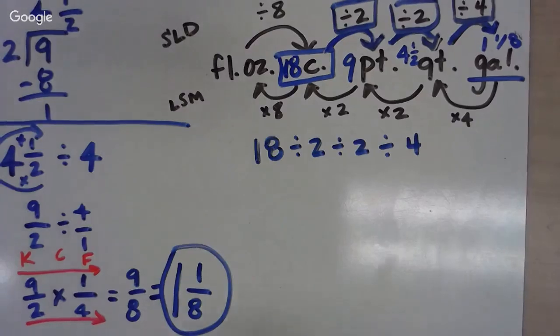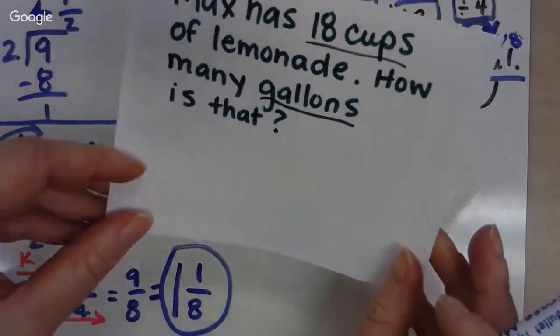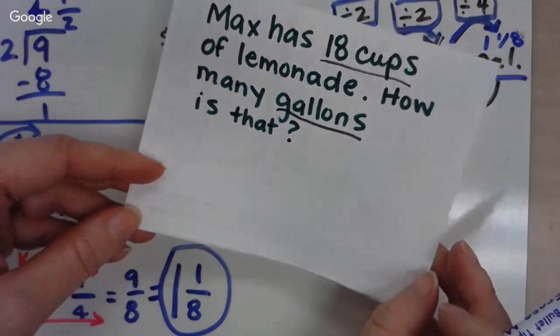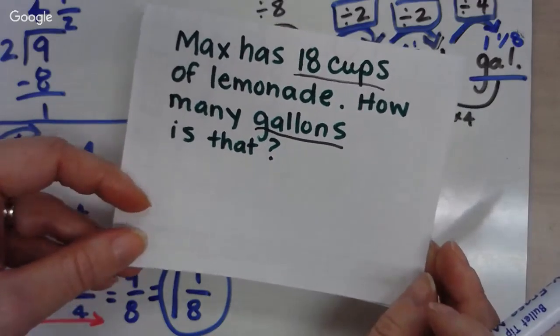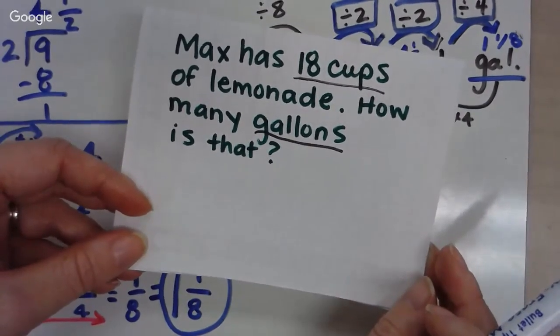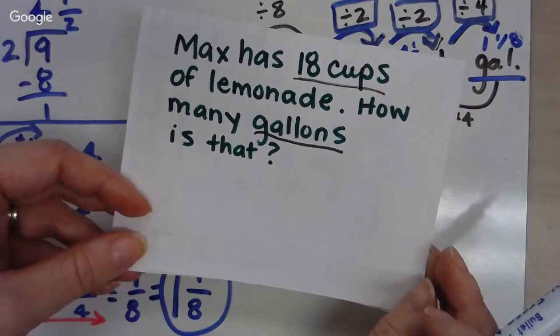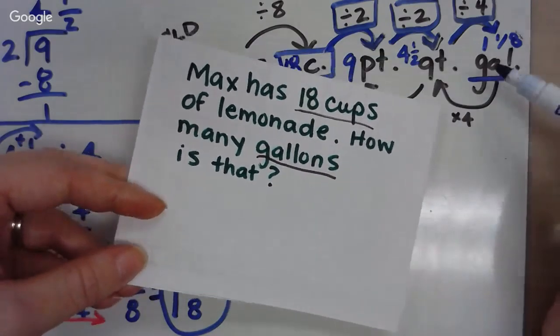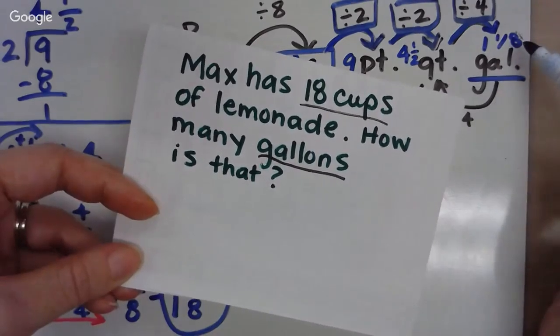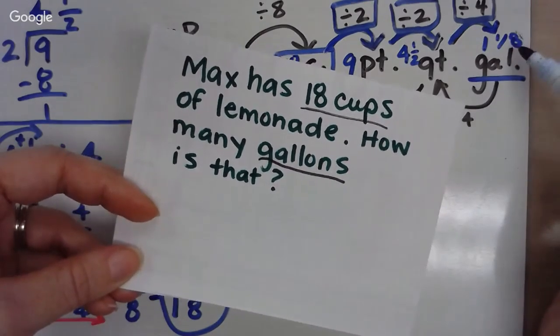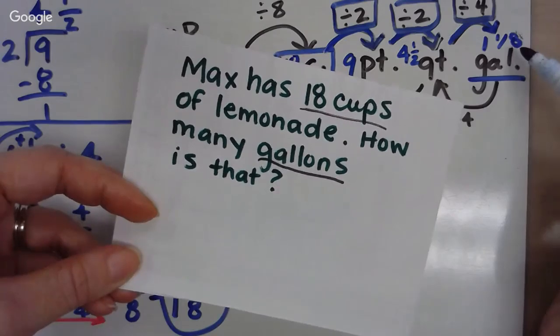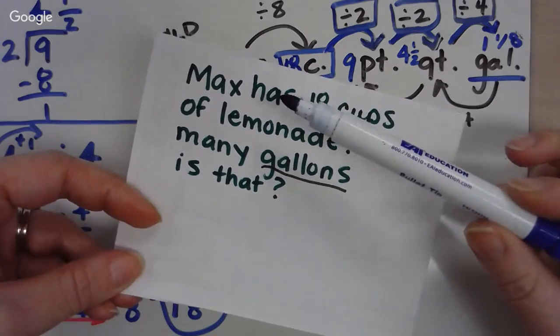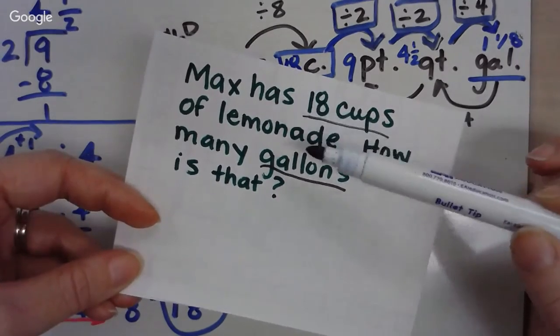So let's go back to our question so that we can answer the question we were actually asked. If our problem has words, then our answer must have words too. Max has 18 cups of lemonade. How many gallons is that? Well, we know that it's 1 1/8 gallons. That's the conversion that we were asked to do, but let's use words from the prompt to answer. Max has lemonade.